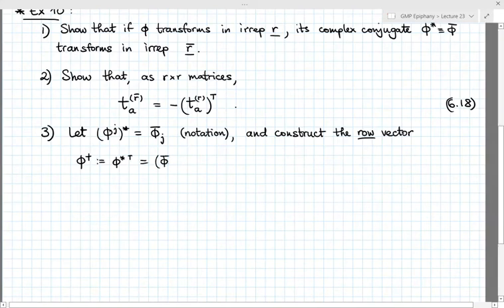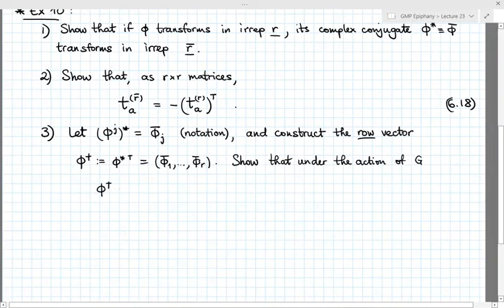This has elements phi bar 1, ..., phi bar R. And I want you to show that under the action of G, phi dagger phi, which is phi bar i phi i, repeated indices summed over, goes into phi dagger R of G inverse R of G phi, which is the same as phi dagger phi. So phi dagger phi is invariant under the action of G.